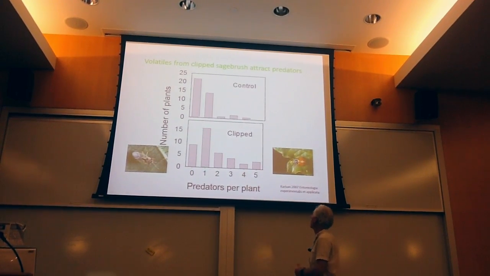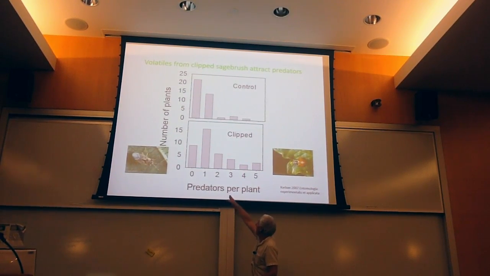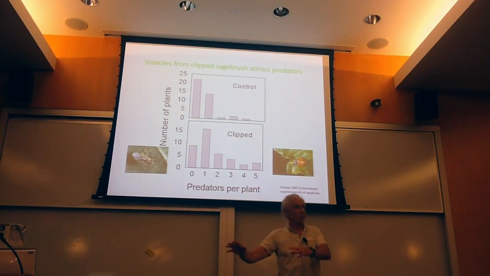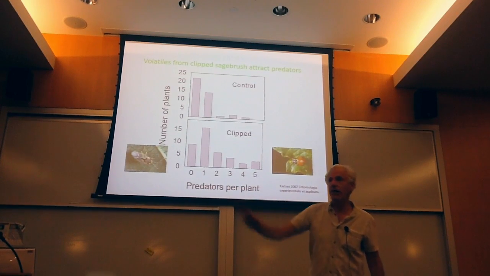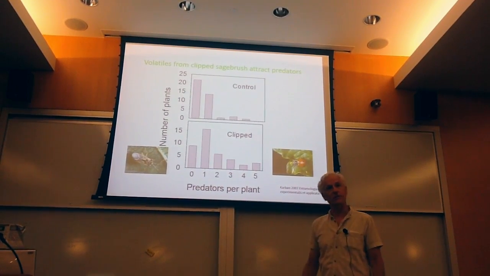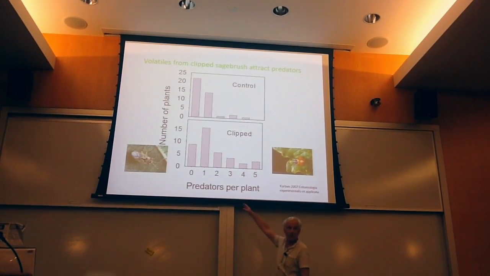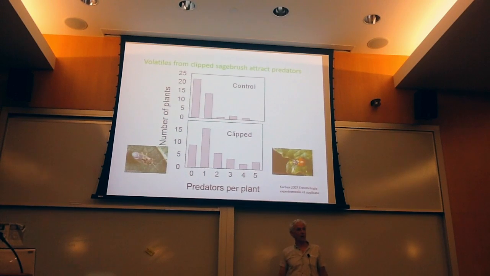So this is the number of predators on each plant. Let's start with the control. Most of the control plants didn't have any predators visiting them. A few of them had a few predators. Plants that I experimentally clipped, much to my amazement really, attracted more predators.